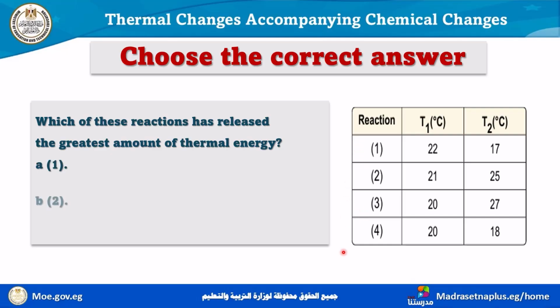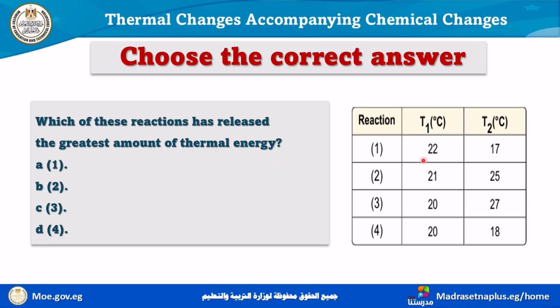Reaction 1, reaction 2, reaction 3, or reaction 4. We will need to calculate the difference between T1 and T2 to choose the reaction with the greatest amount of thermal energy released.